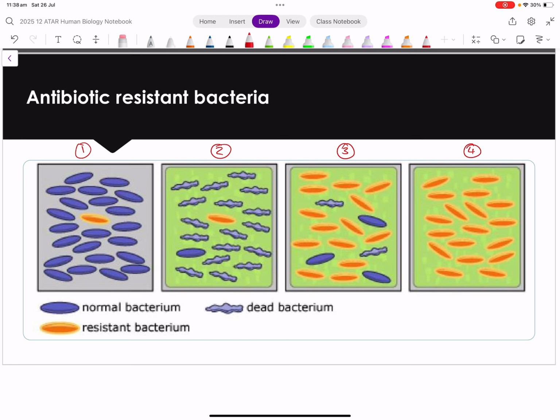Now, this is posing a bit of an issue for us as humans today, especially as, due to the overuse of some antibiotics, we're finding that some bacteria are no longer susceptible to the effect of the antibiotic and continue to proliferate anyway.